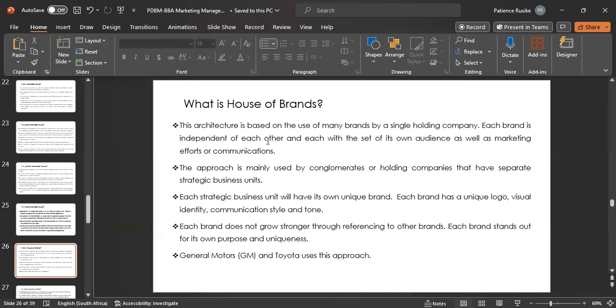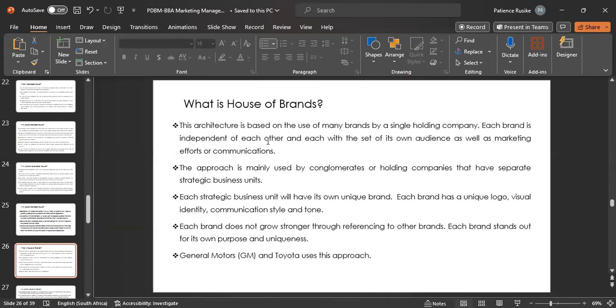So each brand is independent of the others, right? And each brand has its own set of customers. Each brand or product has its own communication or marketing efforts, right? This approach is mainly used by conglomerates or holding companies that have separate strategic business units.